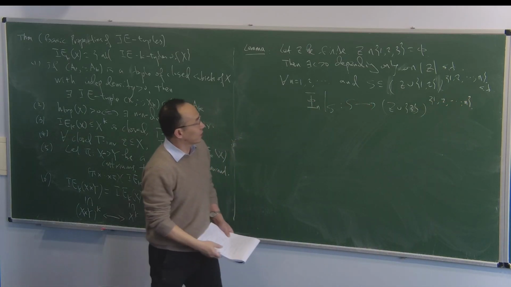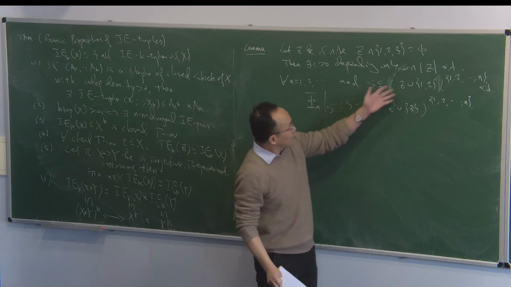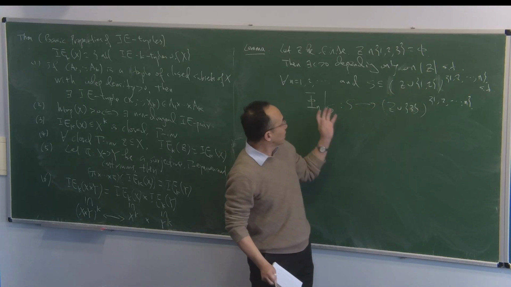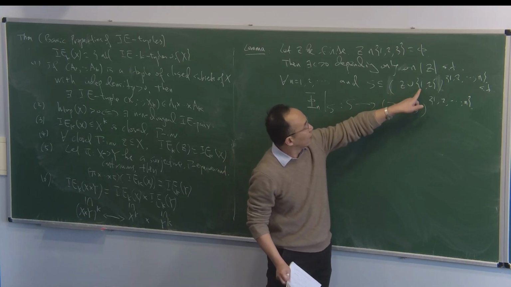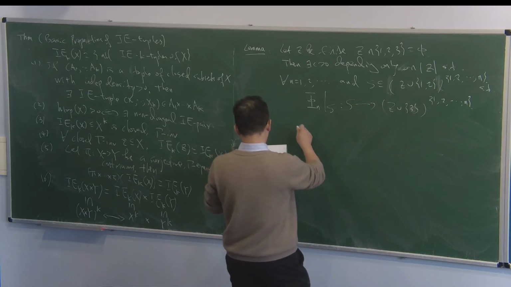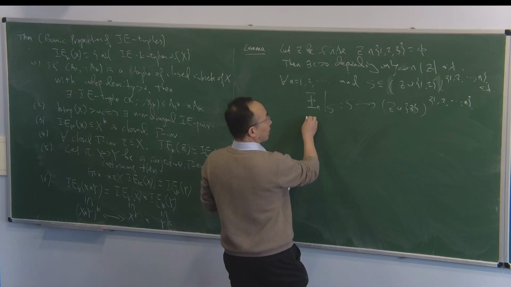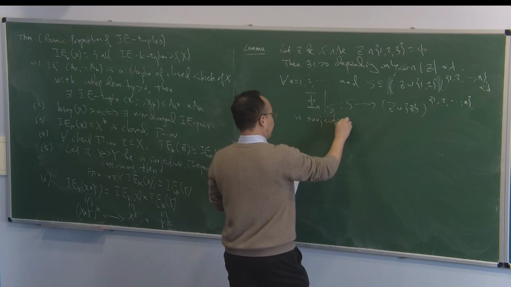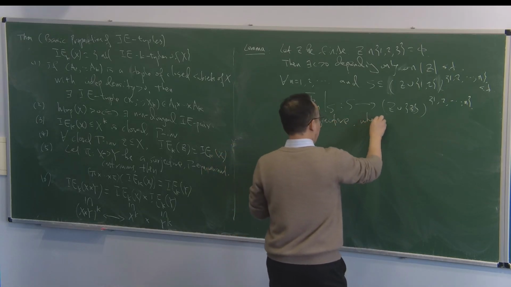Every S here is a map from 1 until n to the union of Z with 1 and 2, and what it does is simply convert the values 1 and 2 into 3. So this is surjective.